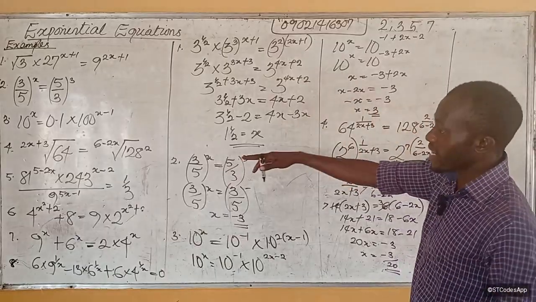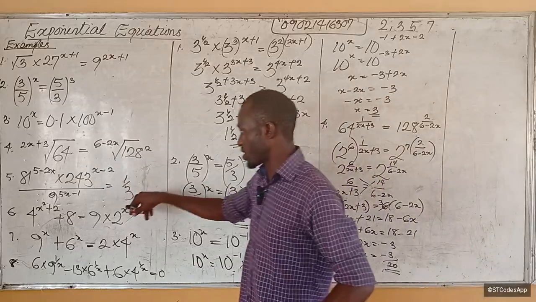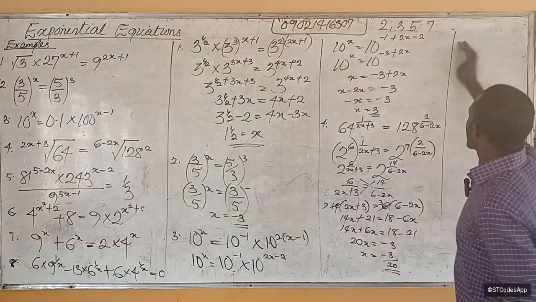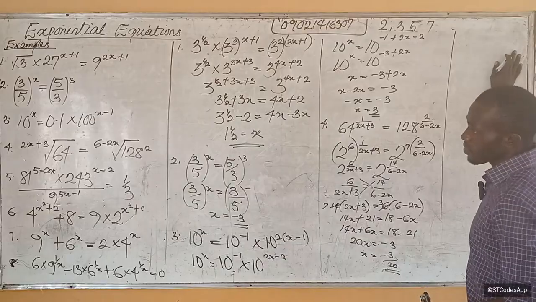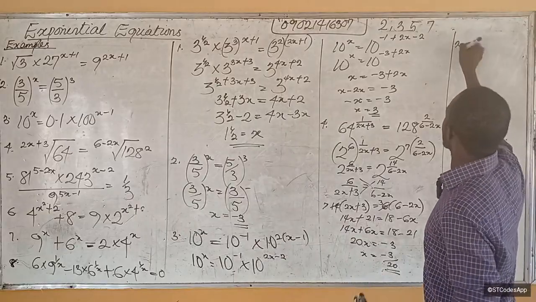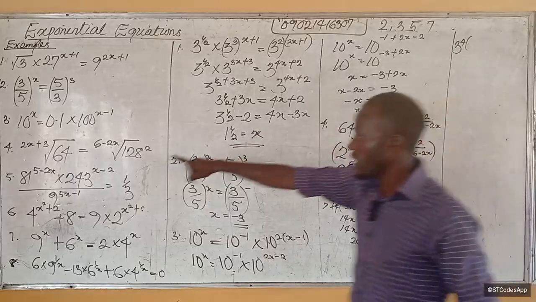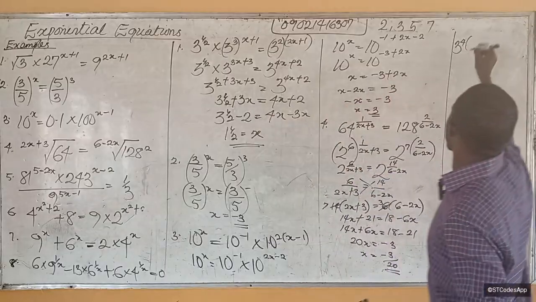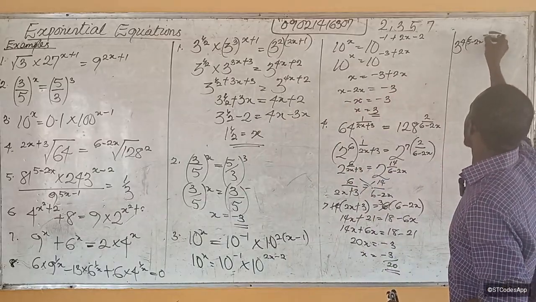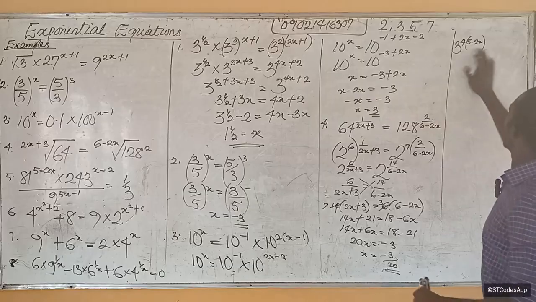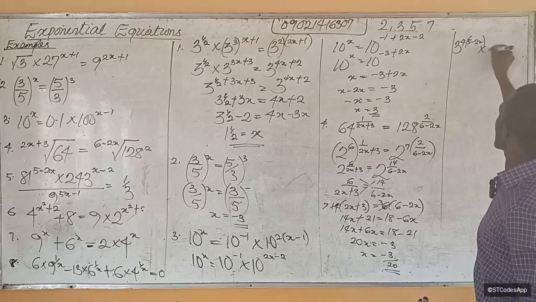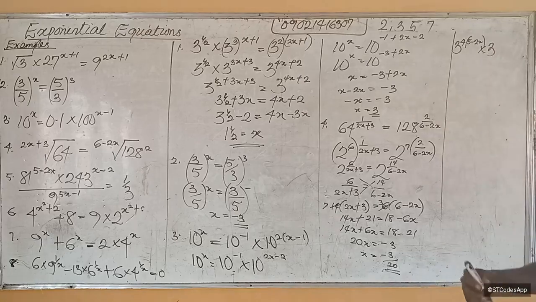Now, just express that guy in the family of threes. So, for example, that 81 will become 3 raised to the power 4, right? That will give us 81. Into brackets, everything here. Into bracket 5 minus 2x, right? Then multiply by 3 raised to power, what gives us 243?